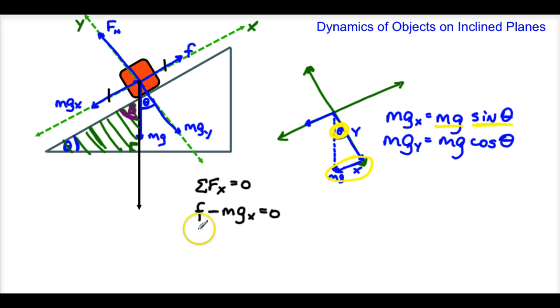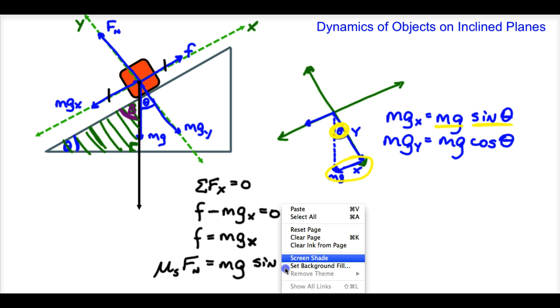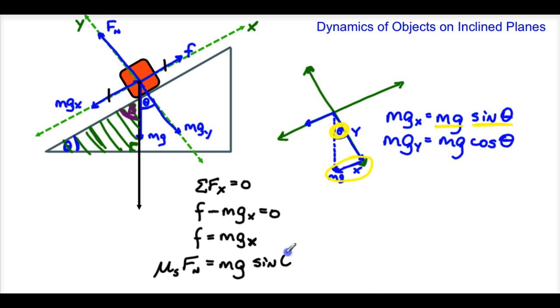If I were to add mgx to both sides, I would see here that friction is equal to mgx. And now I'm going to substitute both of these terms for friction. I'm going to get mu static, the coefficient of static friction, times the normal force, is equal to mg times the sine of theta.